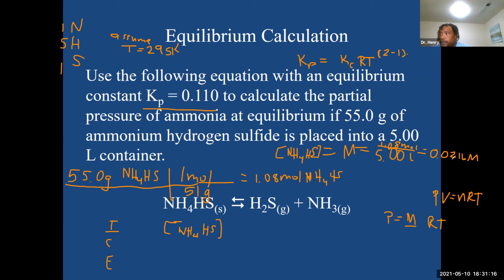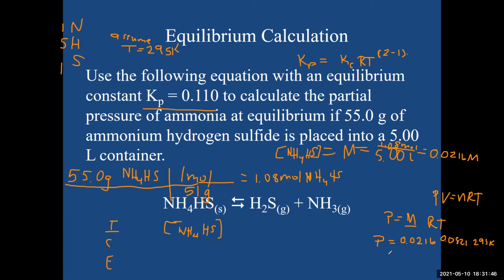We have the concentration, which is, you said, 0.0216, R, which is 0.0821, times, in this case, 295 Kelvin. And that's going to be our pressure. I got 0.523.